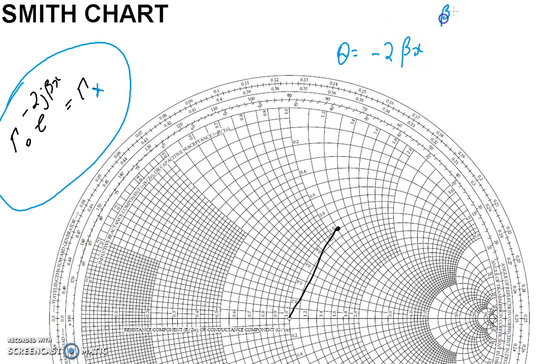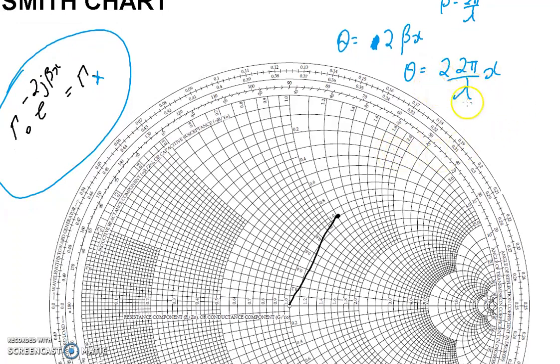Remember that beta is equal to 2 pi over lambda, and so your angle is going to be equal to, let's forget the minus here because this is just the direction of the angle, theta equal to 2 times 2 pi over lambda times x, which is equal to 4 pi times x divided by lambda, which is equal to the angle.